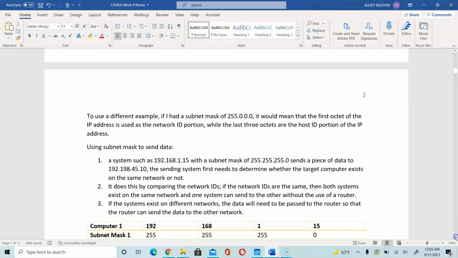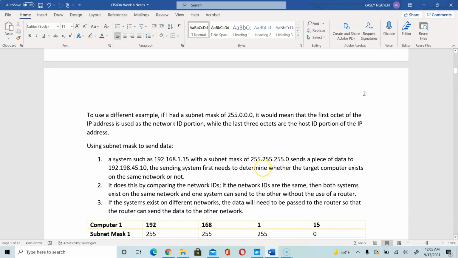Now, another example you would see is when the subnet mask is used, such as a system at 192.168.1.15 with the subnet mask 255.255.255.0, and it needs to send data to 192.168.45.10.